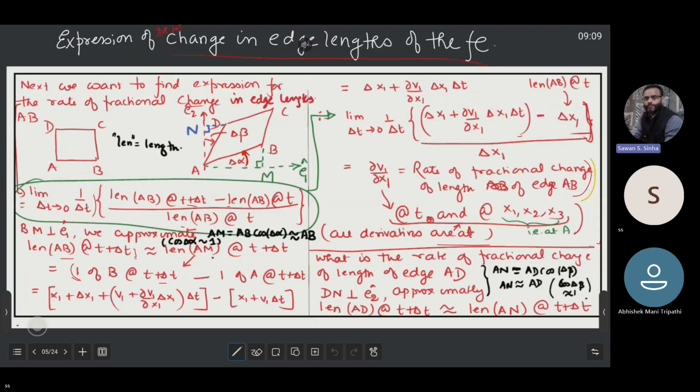This is about length of AB. How the length of AB changes with time. And specifically, I am interested in this fractional change in the length of AB. The length of AB at time t plus delta t minus length of AB at time t divided by length of AB at time t, and in the limit delta t going to 0.